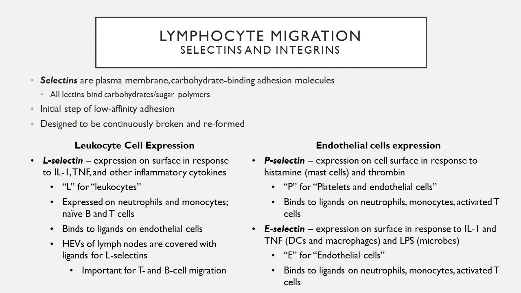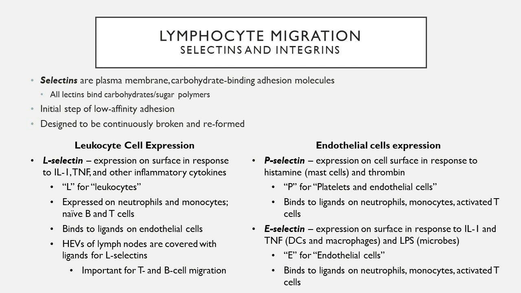And once we get to endothelial cells, we'll find it's the inverse of that: endothelial cells have these other types of selectins, and the leukocytes will have the ligands on their surface. One notable example is that the HEVs, the high endothelial venules found in the lymph nodes, express high amounts of these ligands for the L-selectins. And it's really important so that T and B cells can migrate into them.